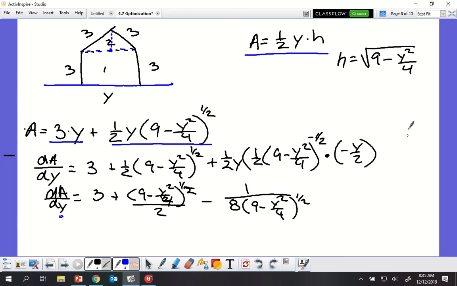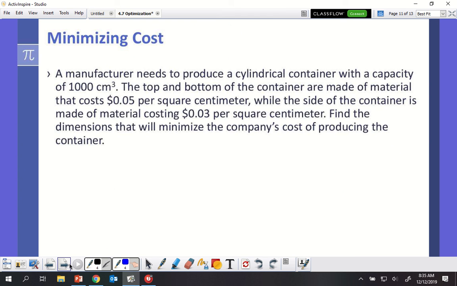Integration is the antiderivative. Okay, so you know when you take the derivative of a function? What's the opposite of multiplication? Division. Okay, so the opposite of the derivative is the antiderivative, also known as integration.